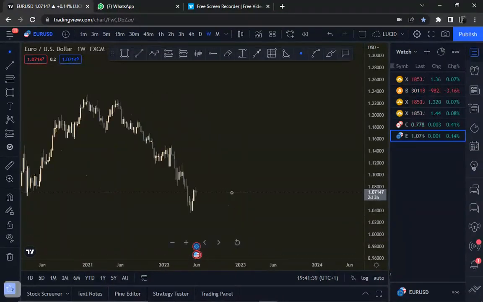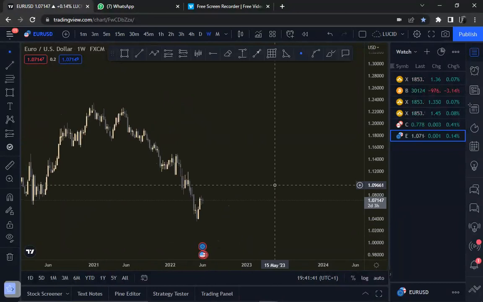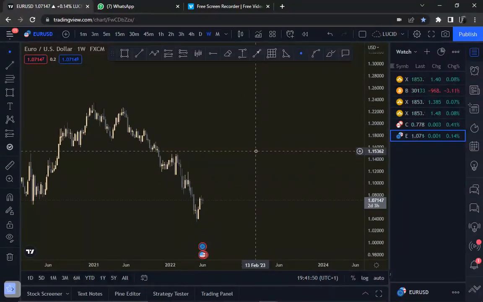You should know how to identify your candlesticks.